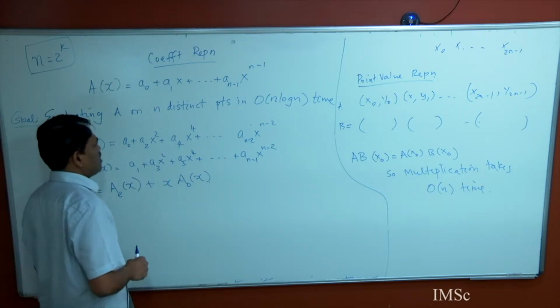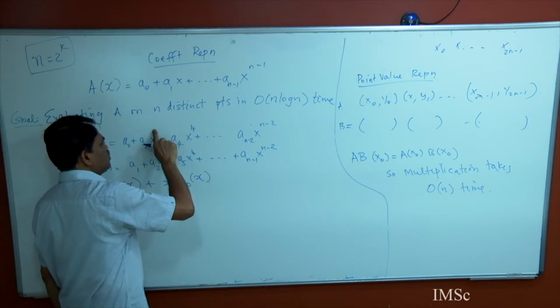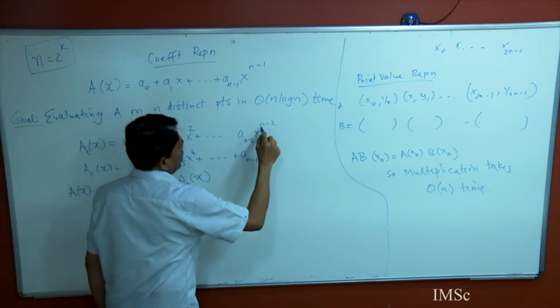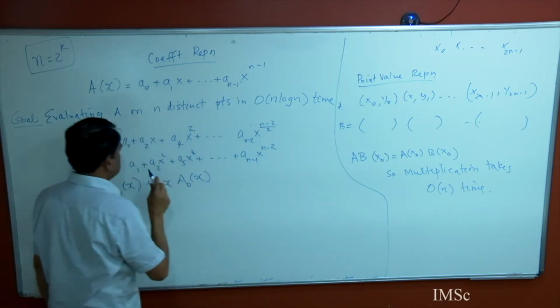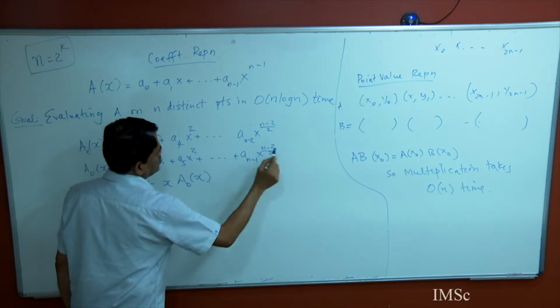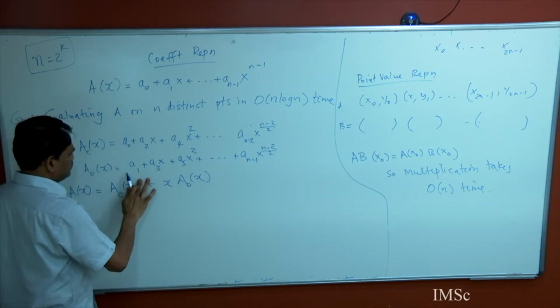Actually, why should I write x square? I am going to change it to x square, and similarly this is x square to the power n minus 2 by 2.